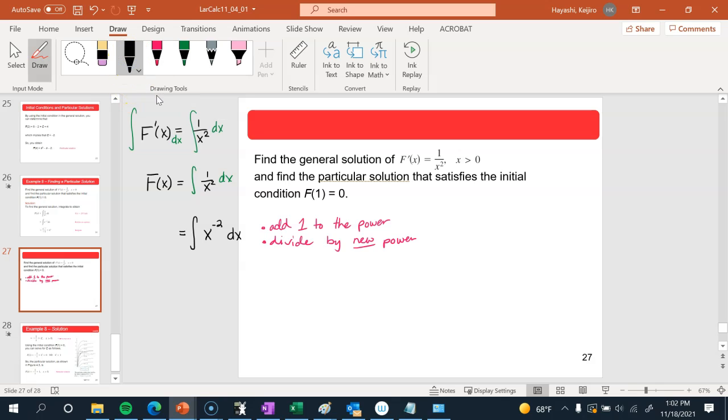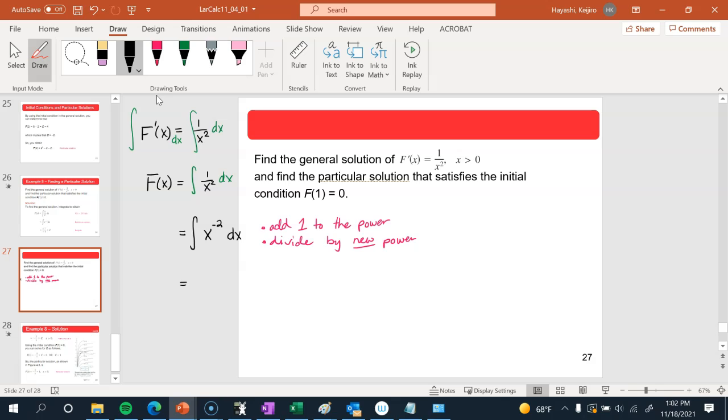Okay, so the integral of this, and also remember that whenever you do the process of finding the integral, the integral sign goes away. Don't take the integral and then also leave the integral sign in there. That's meant to go away as soon as you apply the integration rule.